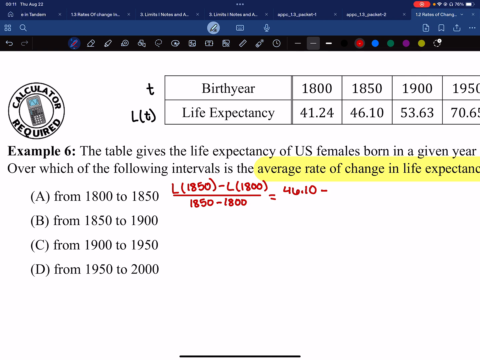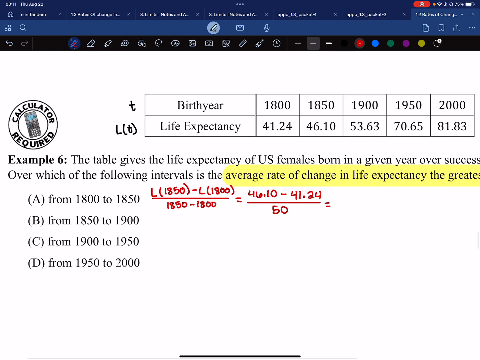Then we do the same thing, find 1800, and that would give us 41.24. And that's all going to be over 1850 minus 1800, which is 50. So from here, you could type that into the calculator and you can get a decimal. I want you to write all of the numbers. So it's 0 point something. Make sure you write all of the numbers that show up in our calculator screen.